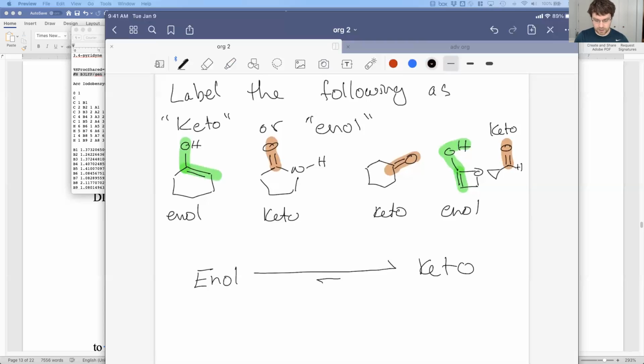So we have enol and keto with an equilibrium constant that in this orientation is exceedingly greater than 1. That is, the enol is favored at equilibrium.